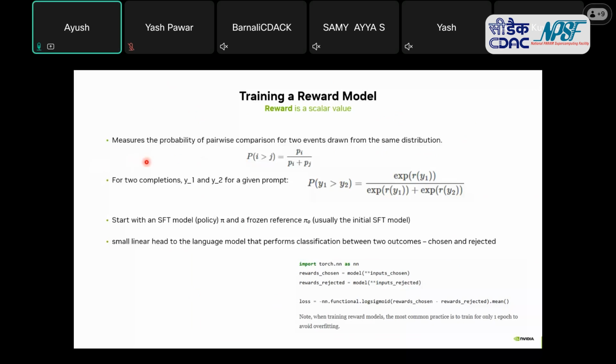So the standard way to train a reward model is by using preference measures that measure the probability of a pairwise comparison for two events, i and j, drawn from the same distribution. So you just have to give a reward, like what is the probability of i being drawn.